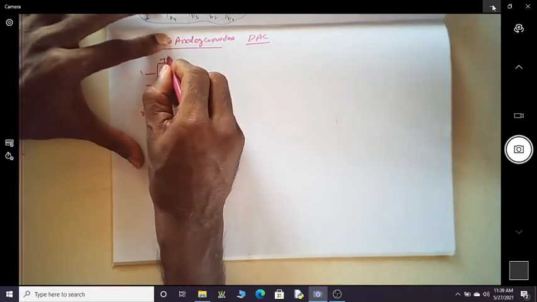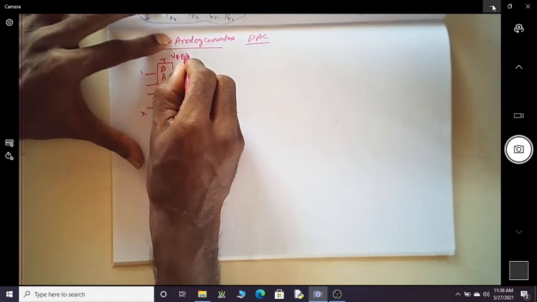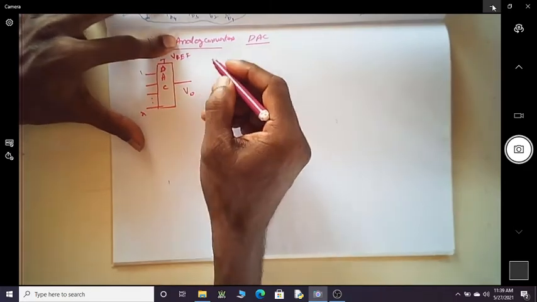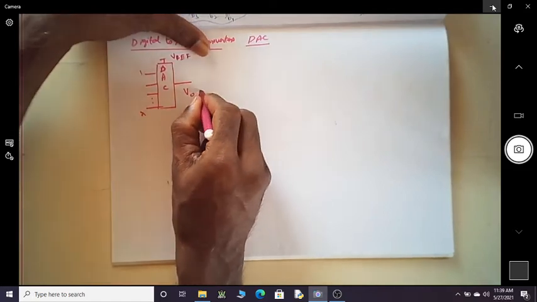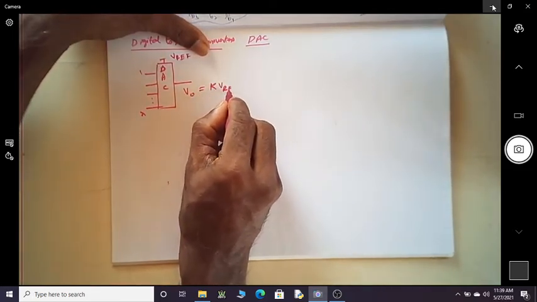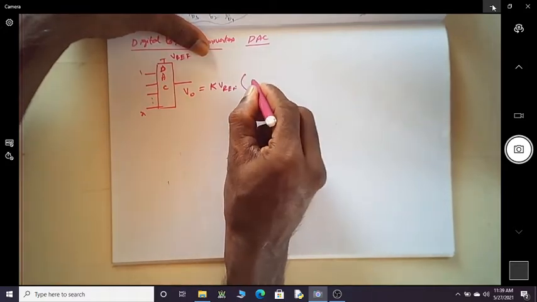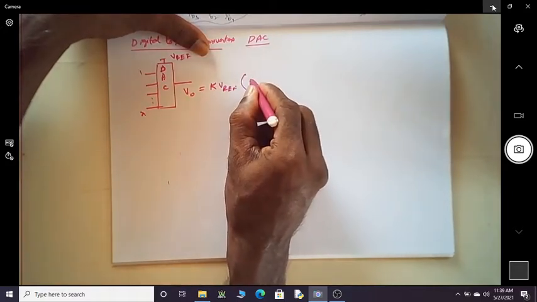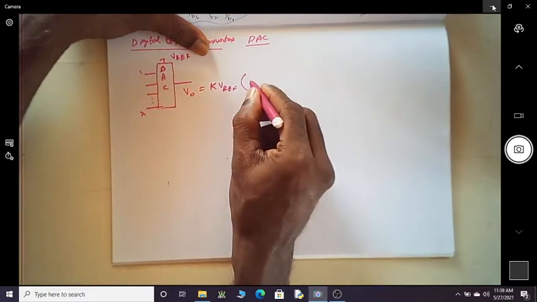Of course, we know that there is a V reference voltage, and the expression for the output voltage is given by K times V reference multiplied by the digital equivalent of the input voltage.